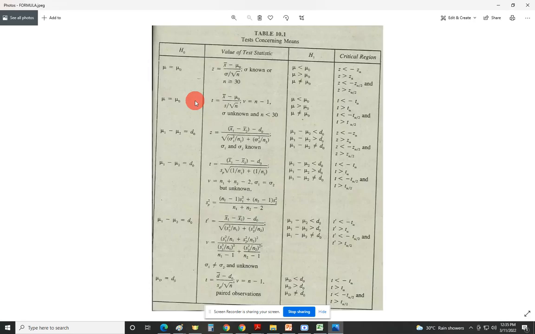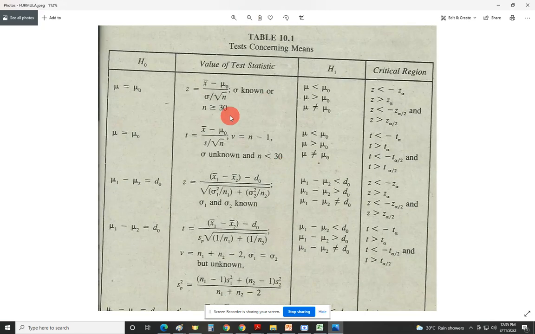I will open the formula. This is from Ronald Walpole. According to him, if your n is greater than or equal to 30, use the z-test, so use the z distribution table.